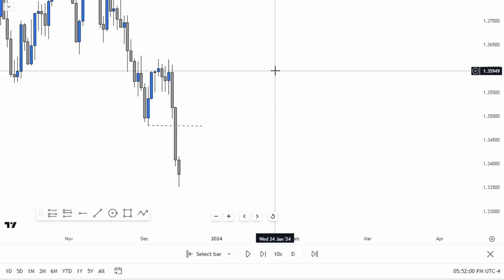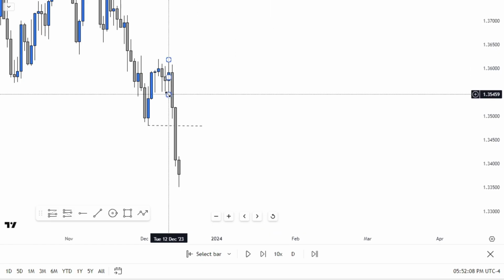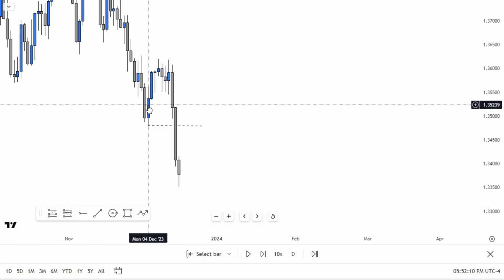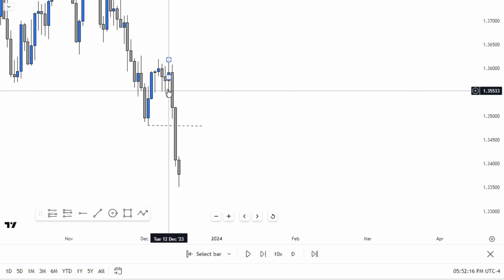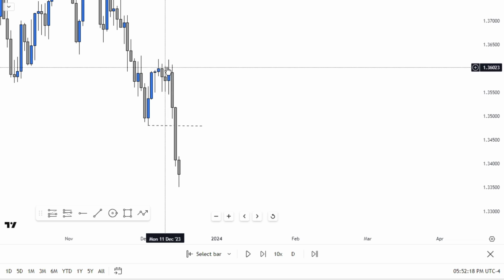Now to see if this is a valid order block, you must check the criteria to see if it's valid or not. So we have a break of structure to the downside. That's a criteria checked off. You have a sweep of liquidity from the previous candle's high.